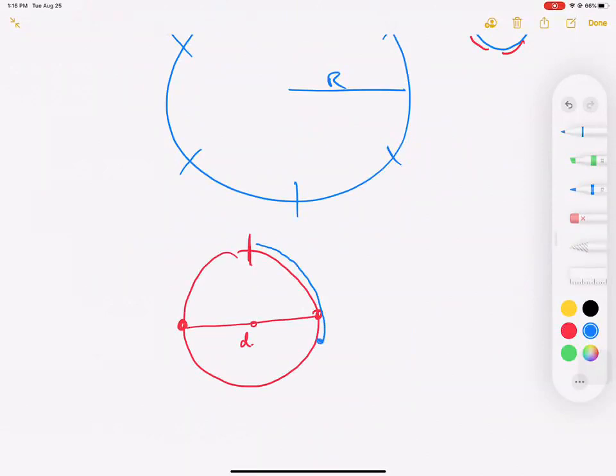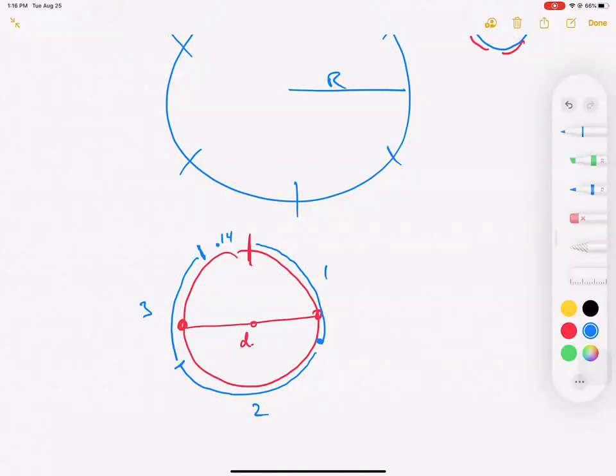So that's 1 diameter. Then we would have 2 diameters, and then 3 diameters, and it'd be 3.14 diameters. And that's where the number pi comes from.